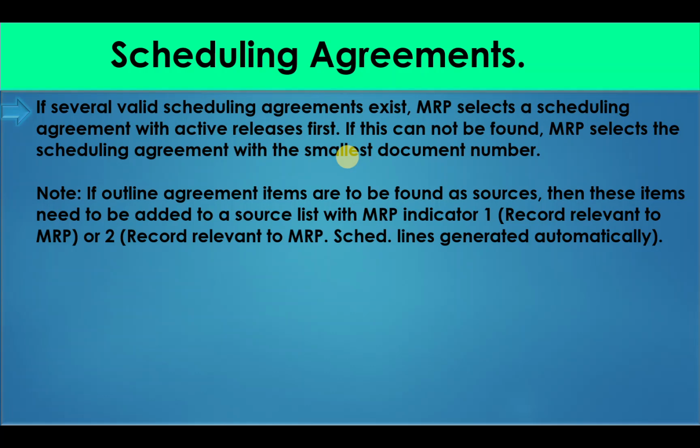Then again, in the source list we can also maintain MRP relevance, which we will see next, but it needs to be selected in the outline agreement while maintaining the source list as 1 or 2, depending on whether it is a contract or scheduling agreement.